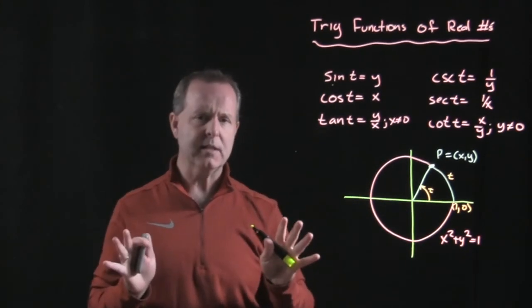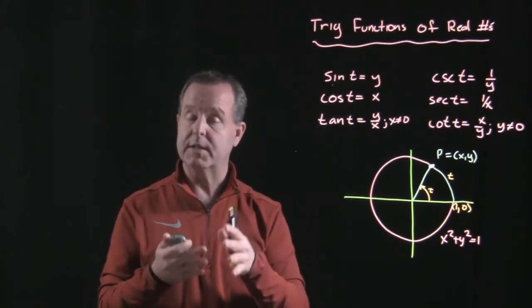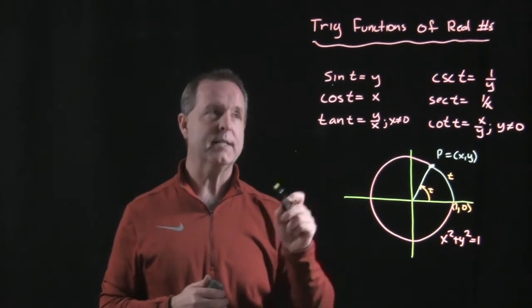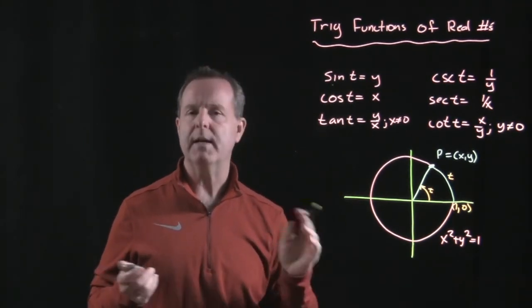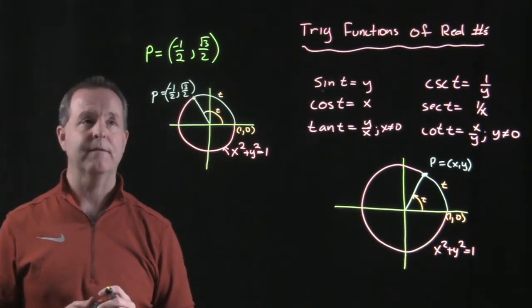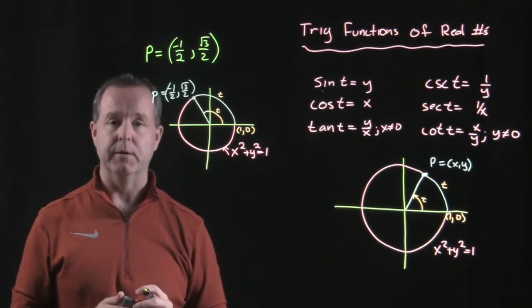So anyway, that's just a little bit to introduce to you this idea of a unit circle, which is a circle of radius 1. The usefulness of that is it allows us to determine some values for real numbers. So let me show you an example. Let's imagine I have a point identified as the point -1/2, root 3 over 2.